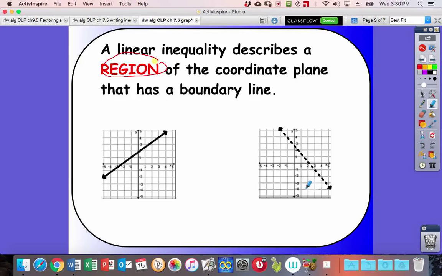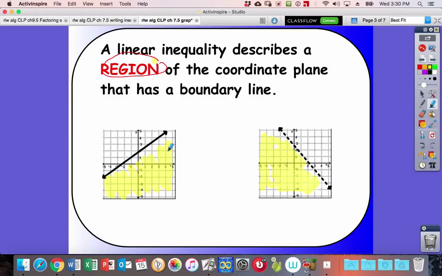I want it to be yellow. I'm going to do an entire region on one side or the other of the line. Over here, it might be over here.